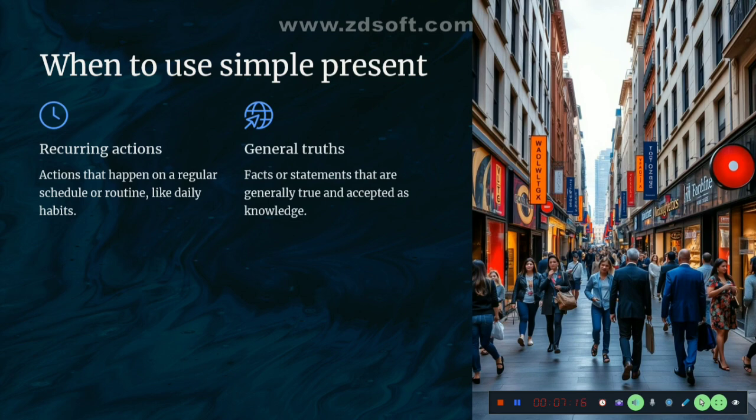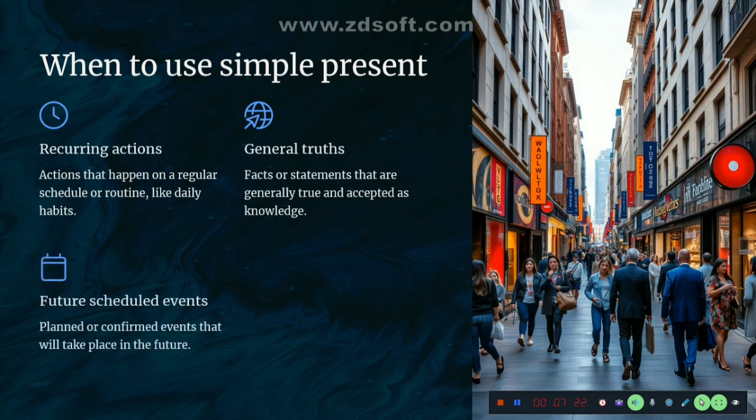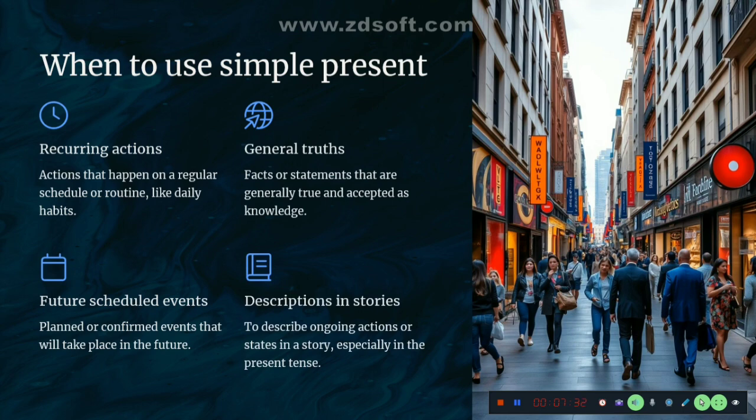For example, water boils at 100 degrees Celsius. Future scheduled events, planned or confirmed events that will take place in the future. For example, the train leaves at 6 p.m. And description in stories, to describe ongoing actions or states in a story, especially in the present tense.